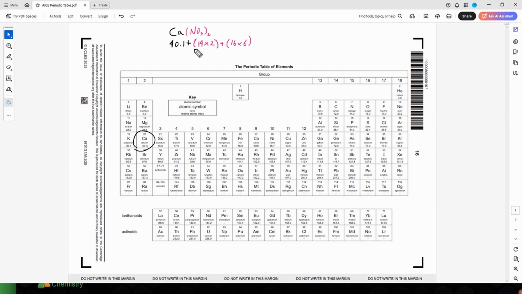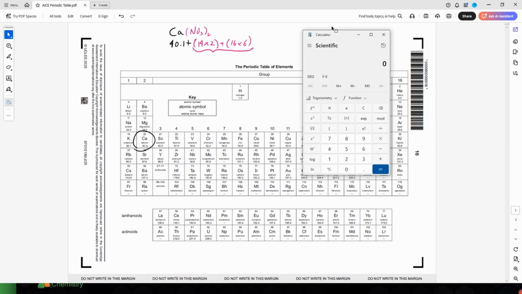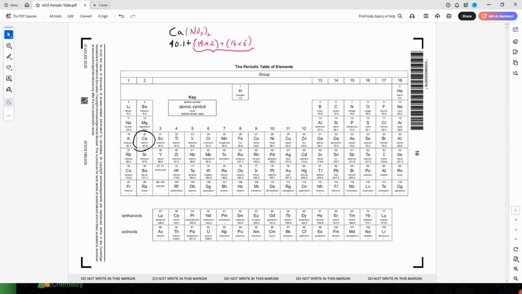Now, this right here is the molar mass of the nitrate times 2. 14 times 2 plus 16 times 6. So we bring our calculator over. Molar mass of the nitrate times 2 is 124. So we're going to put that right here, 124.